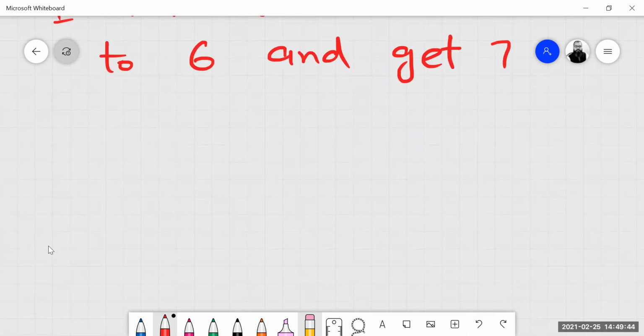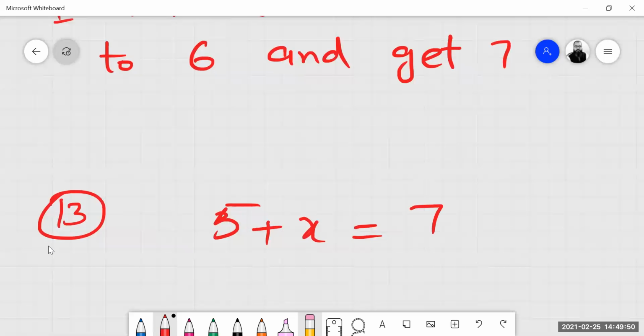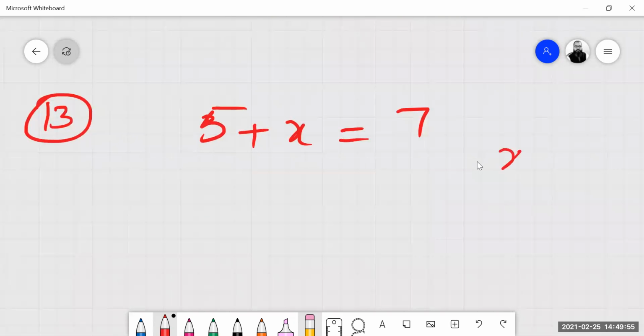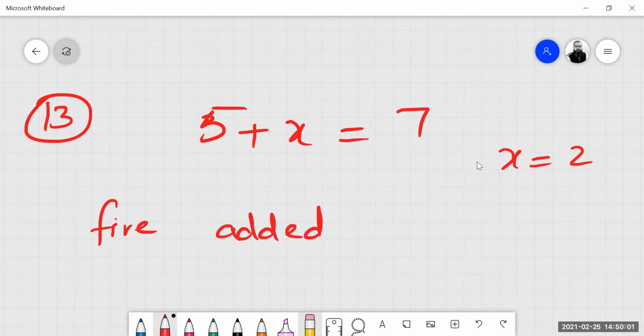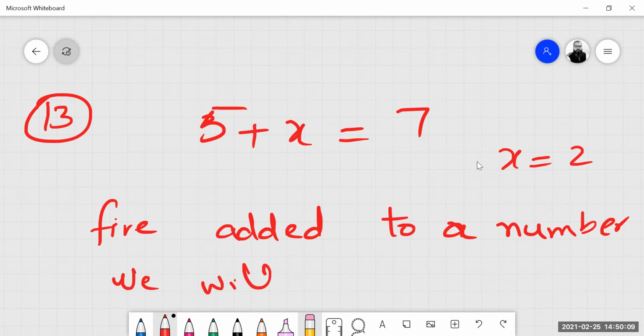Okay, now 13. 5 plus x. 5 added to a number, we will get 7. MashaAllah.